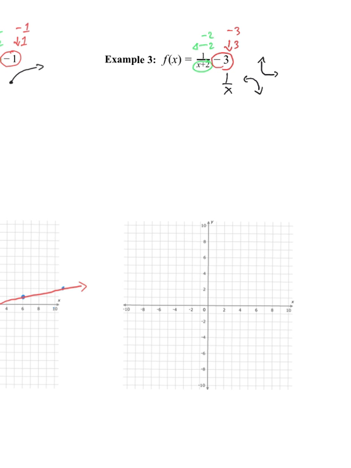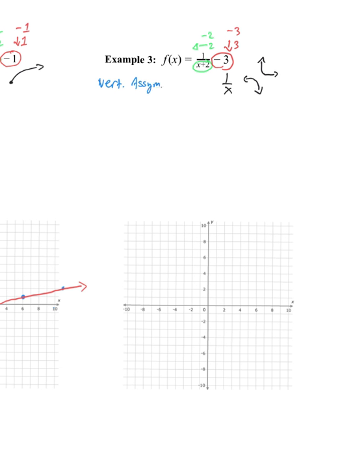Okay, next up we need our asymptotes and we need our key points. Well, remember we have a vertical asymptote. A vertical asymptote.